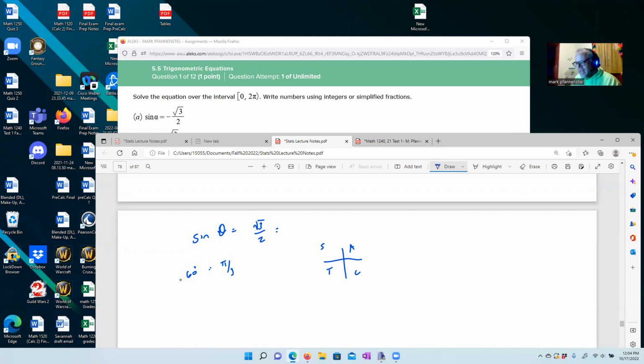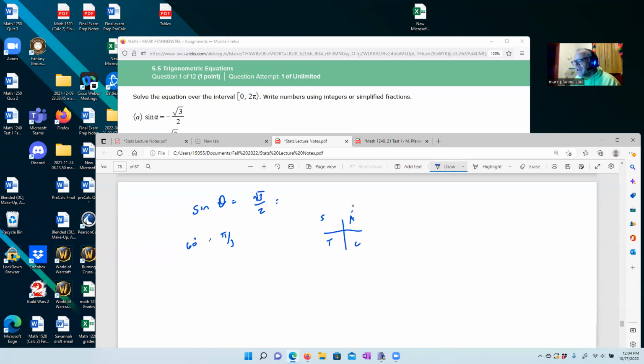And then where is sine positive? Go through our all students take calculus analogy here. So quadrant 1 and quadrant 2, that's where sine is positive. So what reference angle gives us a sine of root 3 over 2? It's 60 degrees. So we have pi over 3. We also have 2 pi over 3.